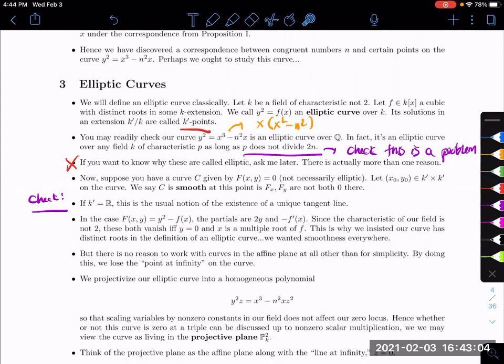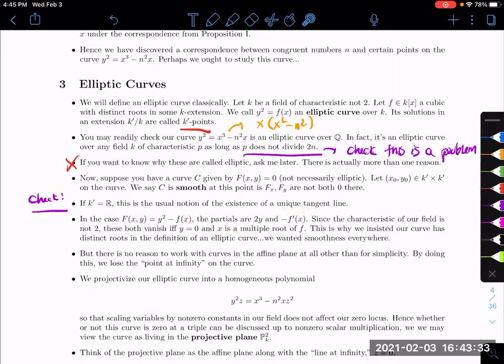Oh, you know what? I'm spoiling this problem that I gave you, but I'm going to spoil it anyway. Since the characteristic of our field is not 2, when will these both vanish? These will both vanish if and only if y is 0 and x is a multiple root of f, right? Because roots of f that also are roots of f prime are double roots of f.